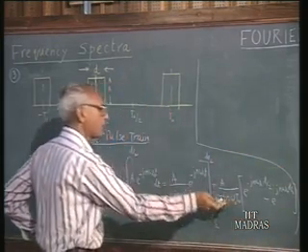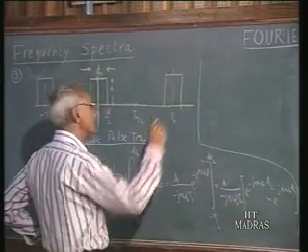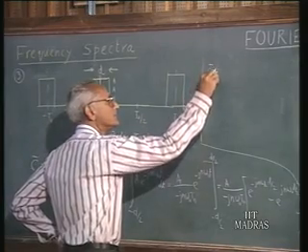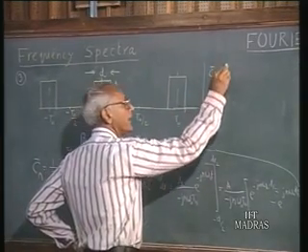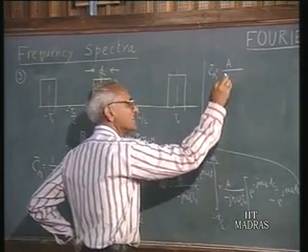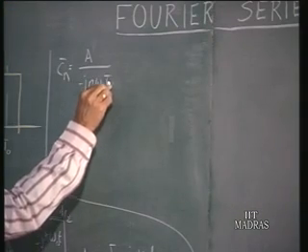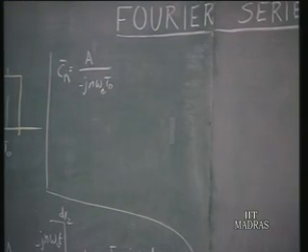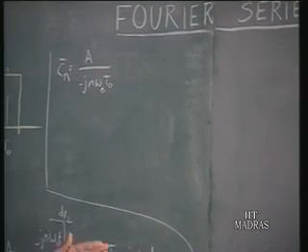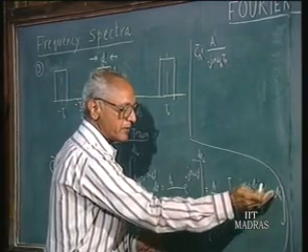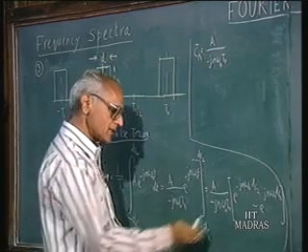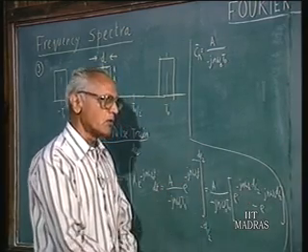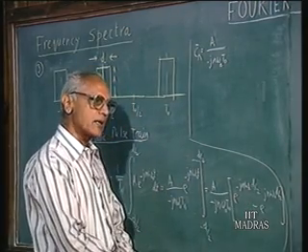So if you pick up from here and go here, Cn will now be A divided by minus j n omega naught T naught. This you notice, if we had reversed the sign, e to the power of j n omega naught d upon 2 minus e to the power of minus j n omega naught d upon 2 would be 2j sin n omega naught d upon 2.